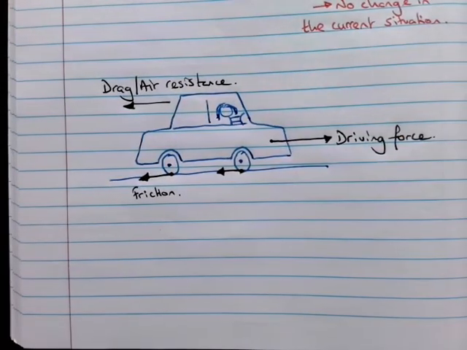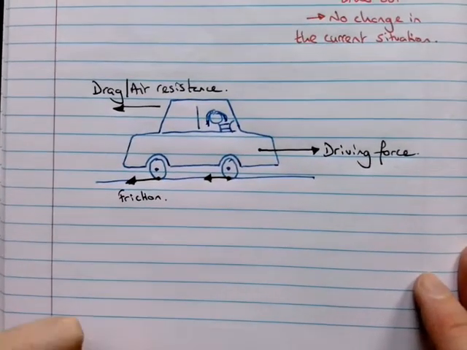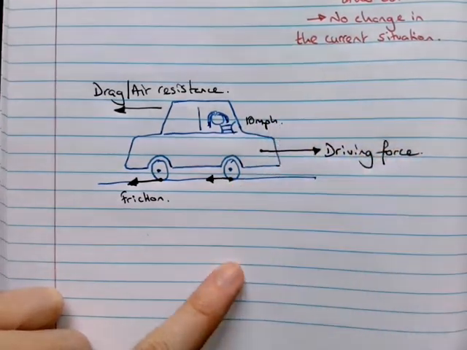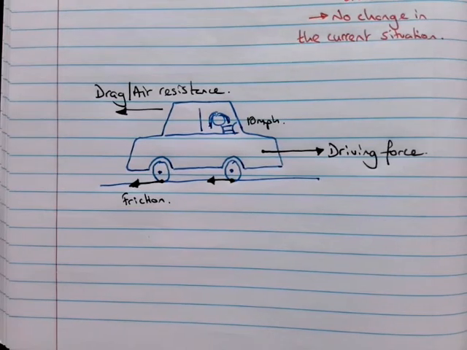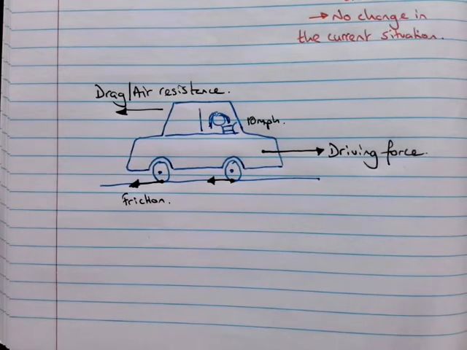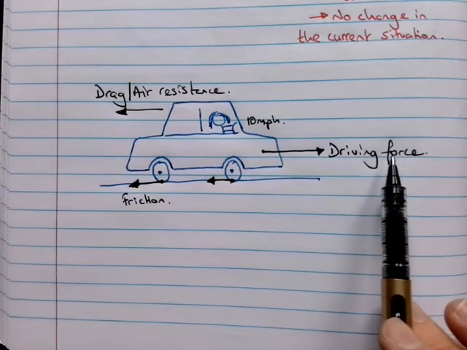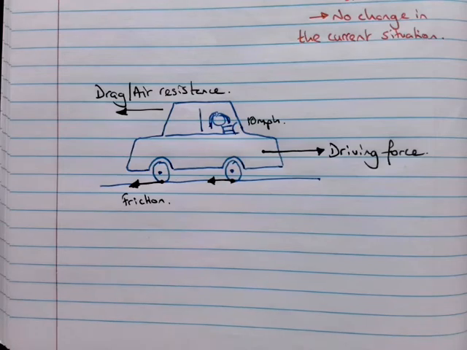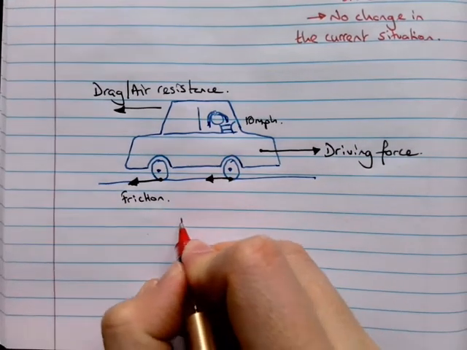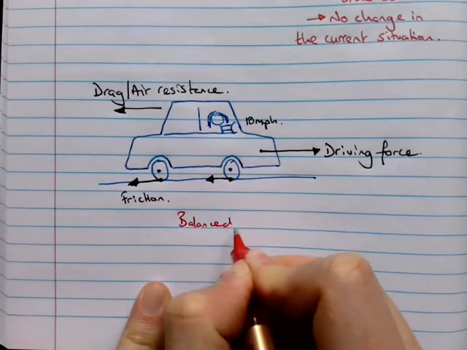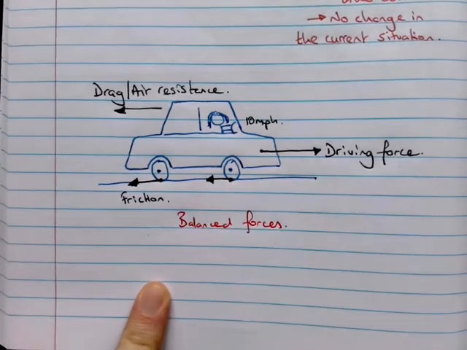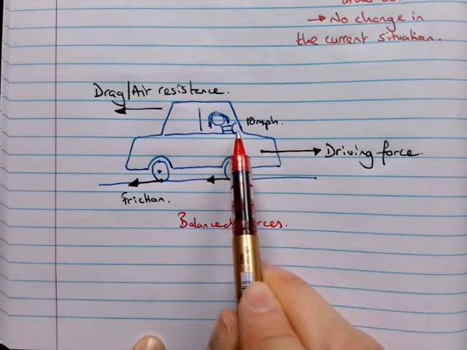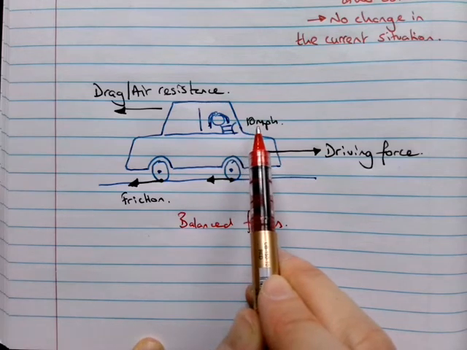Now, let's say that you are going 10 miles per hour, and let's say that the driving force is equal and opposite to the friction and the drag. So here we have balanced forces. But you're not stationary. You're moving forward at 10 miles per hour.